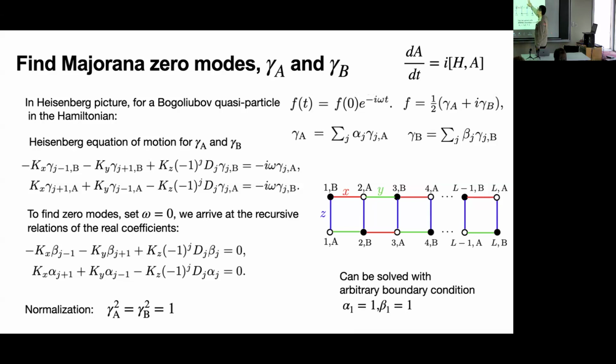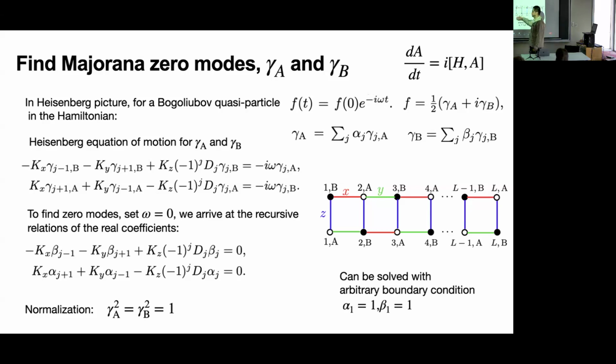Heisenberg picture means that your operator is time dependent and your state is time independent. So one can use the Heisenberg equation. We suppose gamma A is some linear superposition of gamma JA and gamma B is a linear superposition of gamma JB. Then one can find the Heisenberg equation of motion, and because we are looking for the Majorana zero mode, which is a free degree of freedom at the edge with zero energy, we are looking at omega equals 0.